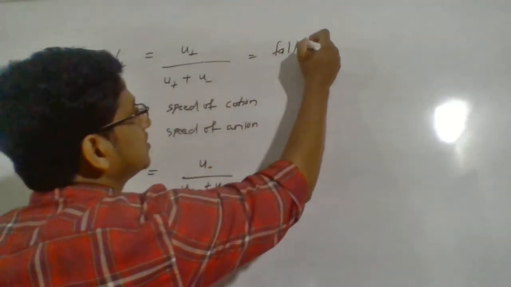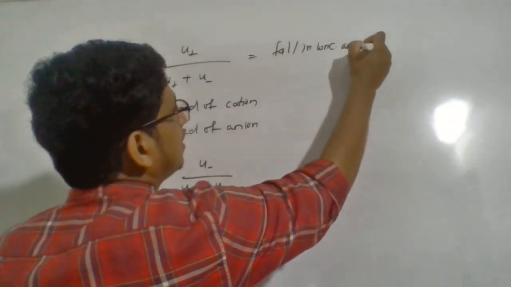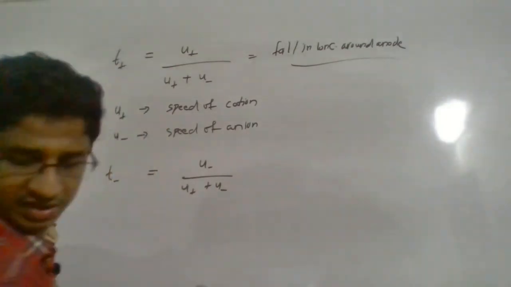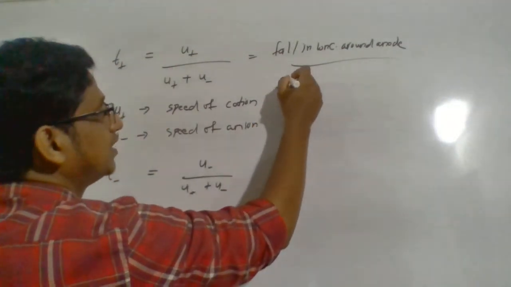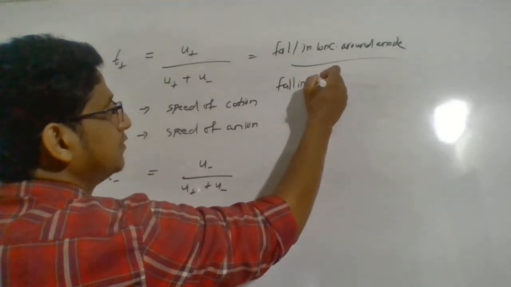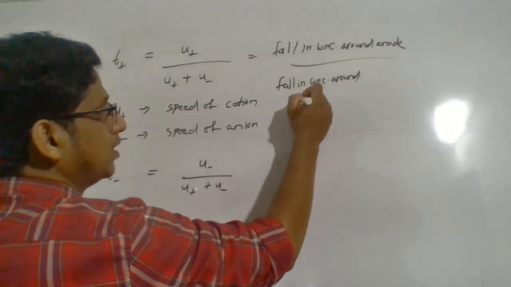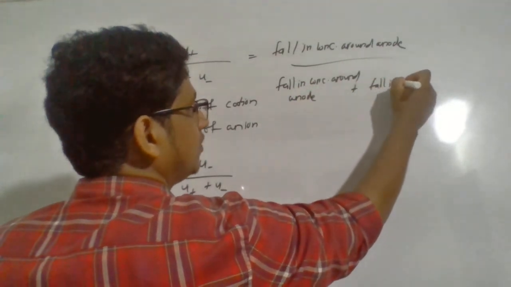So falling concentration around the anode divided by falling concentration around the anode plus falling concentration around the cathode.